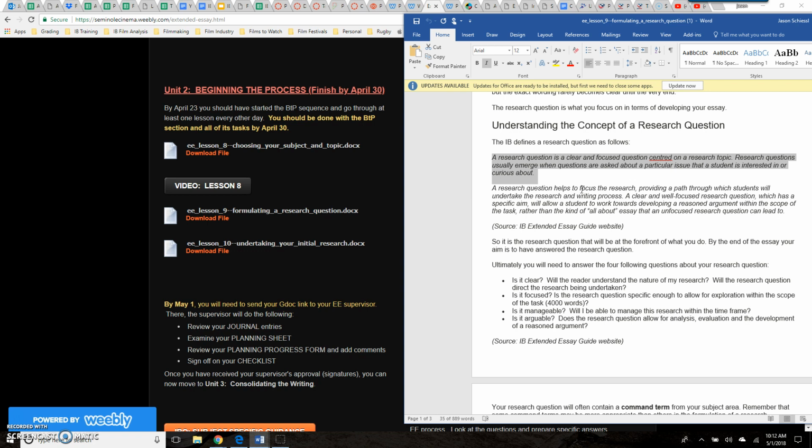So if a student has gone through lesson 8 and gone into the planning document and followed the equation template that involves getting a good EE topic, then they can take that topic and start creating that research question.